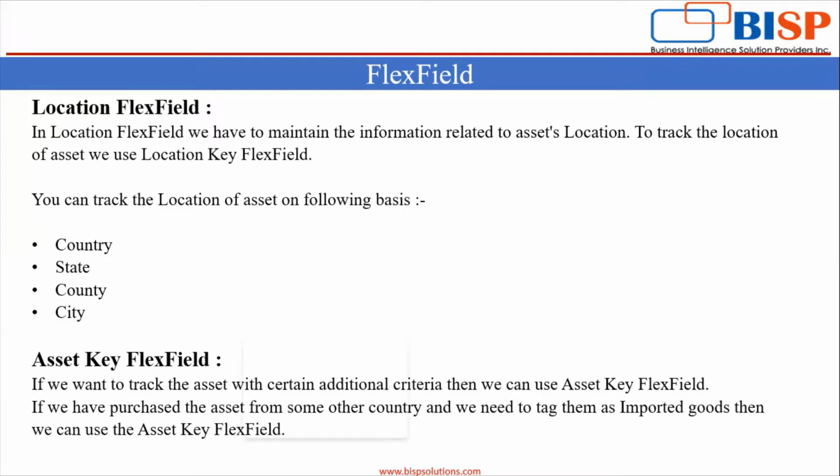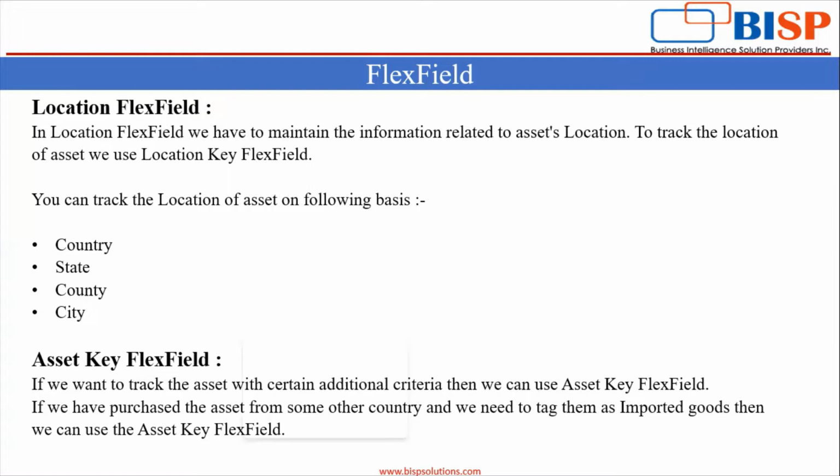Next is asset key flex field. If we want to track the asset with certain additional criteria, then we can use the asset key flex field. If we have purchased the asset from some other country and we need to tag them as imported goods, then we can use the asset key flex field. For category, we have a specific flex field.